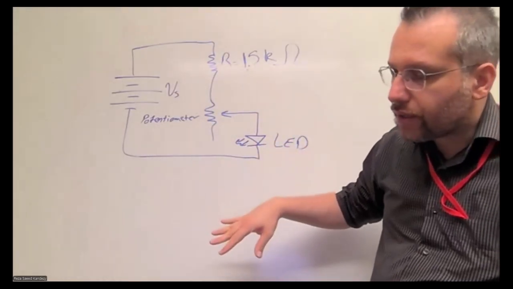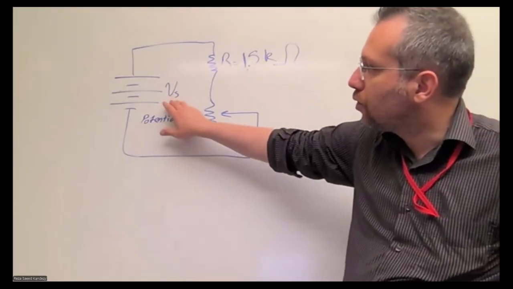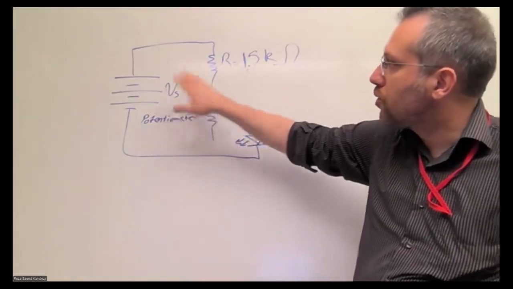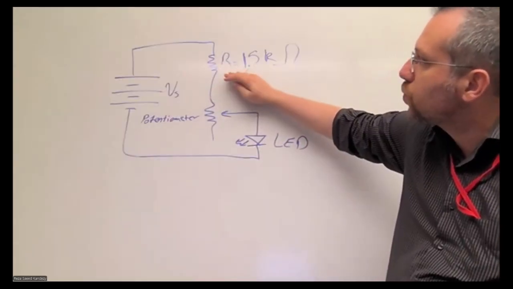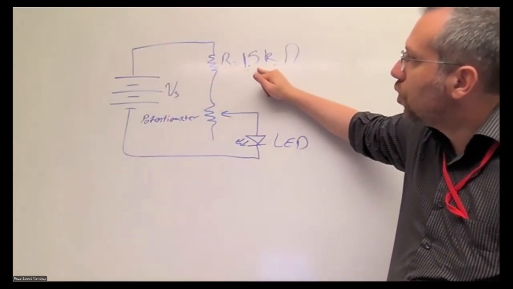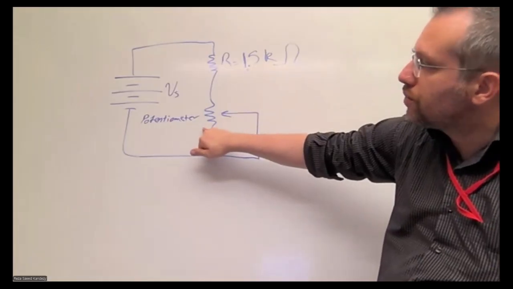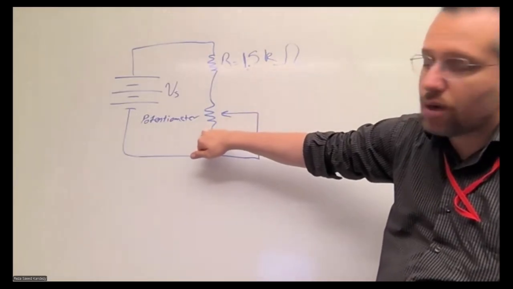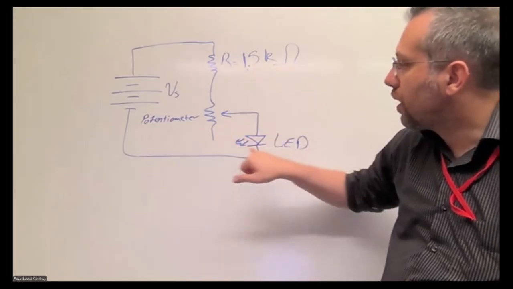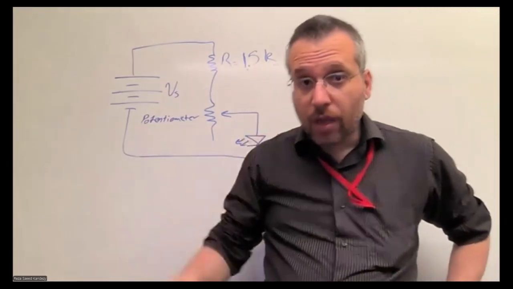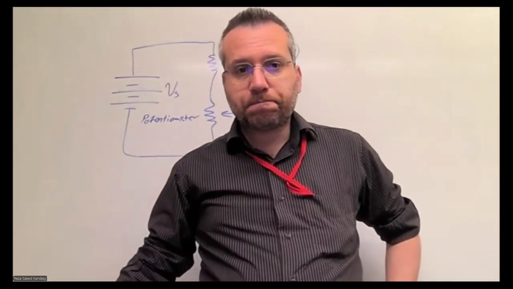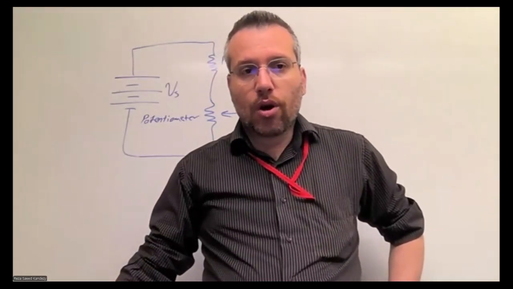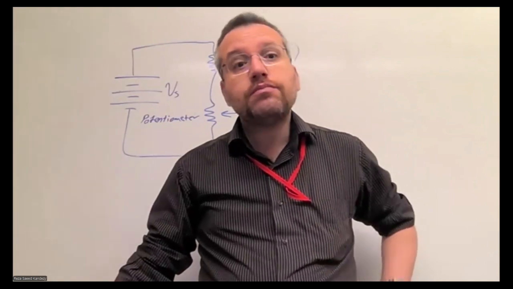Based on our design, the source is 12 volts. The series resistance is 1.5 kilo ohm. The max of the potentiometer is also 1.5 kilo ohm, and we have an LED connected to our system.